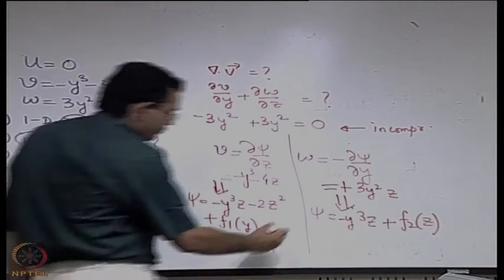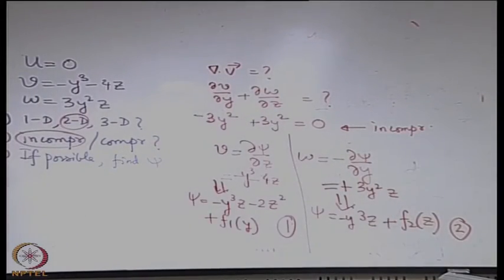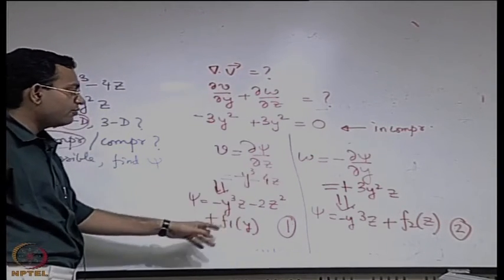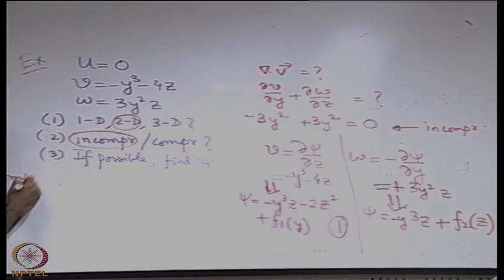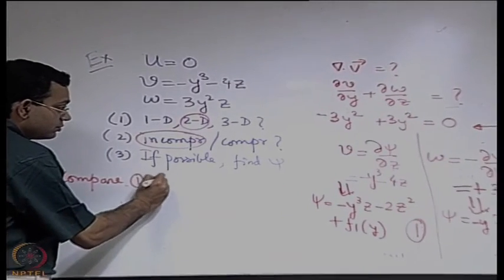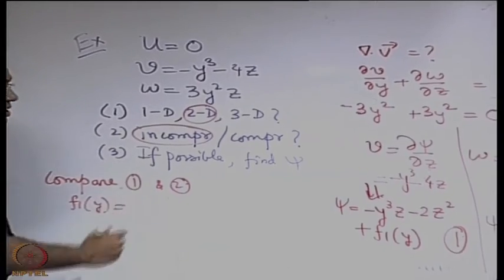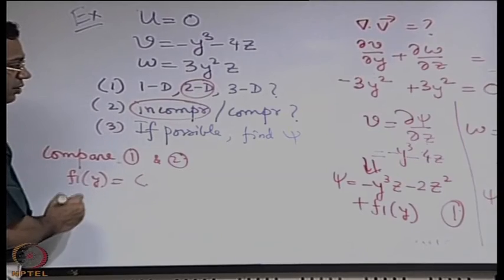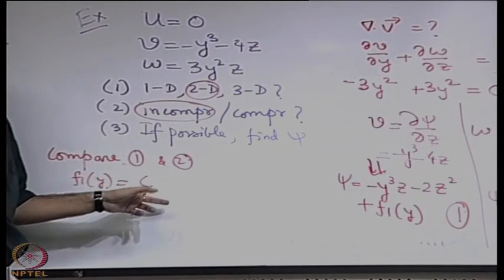So you have say this as equation number 1 and the equation number 2, both are representing the same psi. So you have to compare 1 and 2 to get f1 and f2. So 1 and 2 are the same. So if you compare 1 and 2, what follows? What is f1 of y? It may be some constant at the most, or you may choose your reference in such a way that the constant itself is 0.